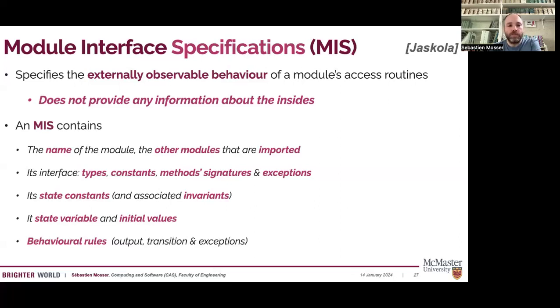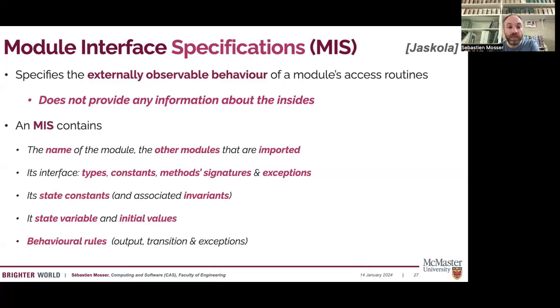The MIS also describes the interface: the method signatures, the exceptions, the types that are exposed, the constants if there are any. We'll give some invariants. Remember in the polynomial, we had some invariant representation, like coefficients can't be negative. This is something that needs to be exposed and described. We'll give the state variables. How can I move from one state to the other? What does it mean to call a method that moves from one state to the other?